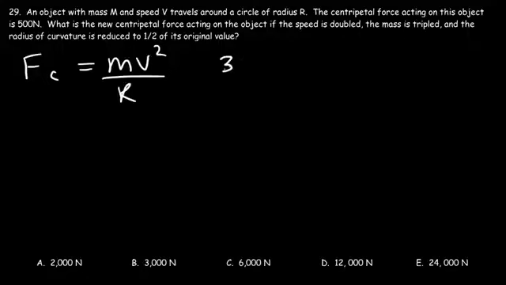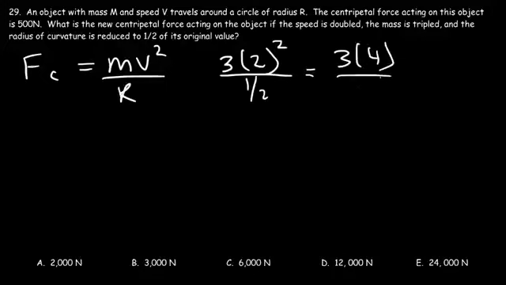So how can we do this problem? Well, once again, we need the equation for the centripetal force. The centripetal force is the mass times the square of the speed divided by the radius. So the mass is tripled, let's replace it with 3. The speed is doubled, so let's replace v with 2. And the radius is reduced to 1/2 of its original value.